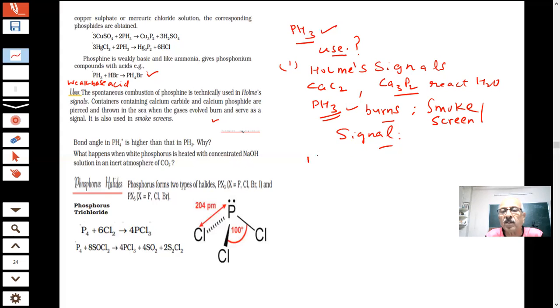Now, if I consider PH3 and PH4+, this question has been given. Which has a higher bond angle and why?